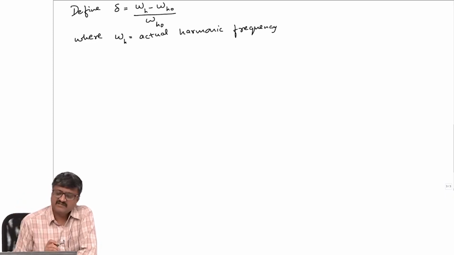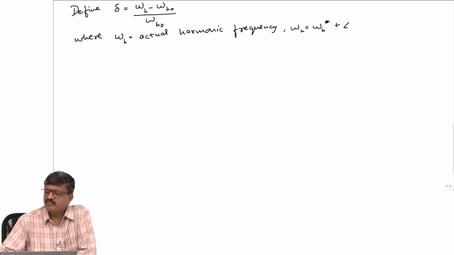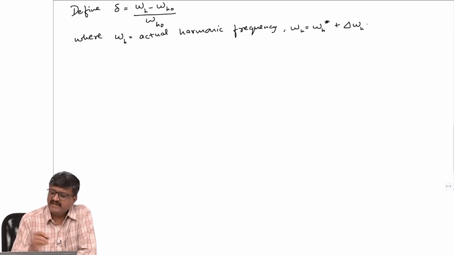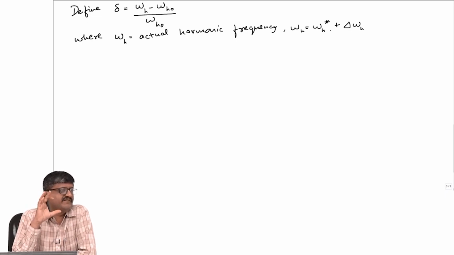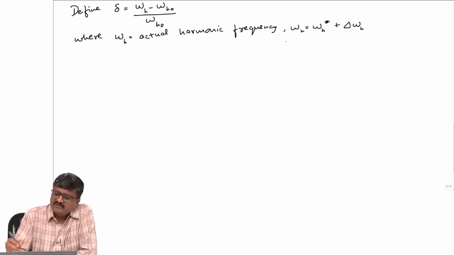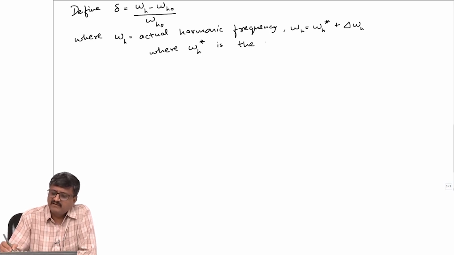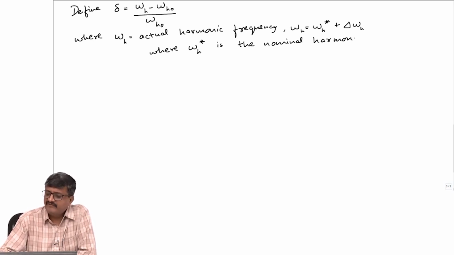Please note it is angular frequency. Now, I will write omega h as omega h star plus delta omega h, where omega h star is the nominal harmonic frequency. That means, if I want to design the filter for the 11th harmonic in a 50 hertz system, 50 hertz is the nominal value, so the nominal value of the 11th harmonic is 550 hertz.